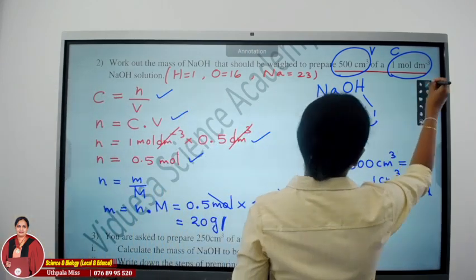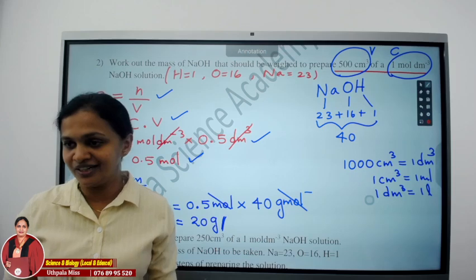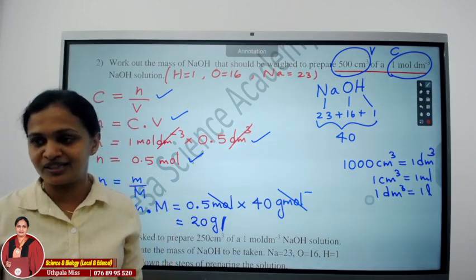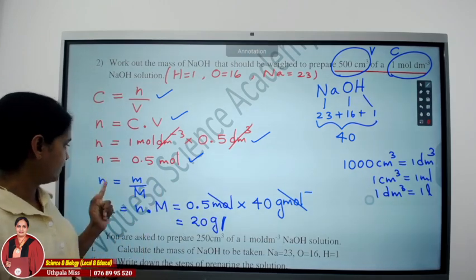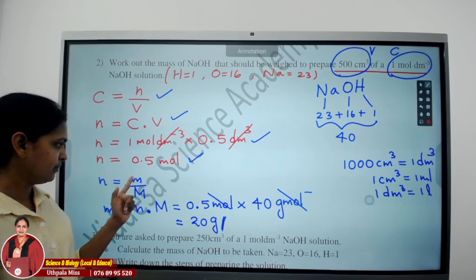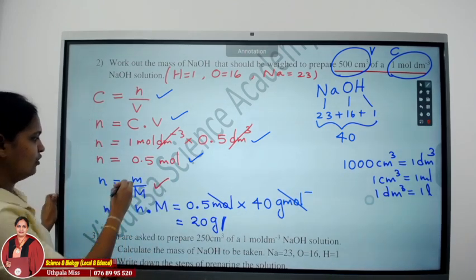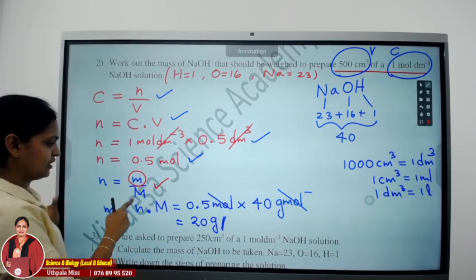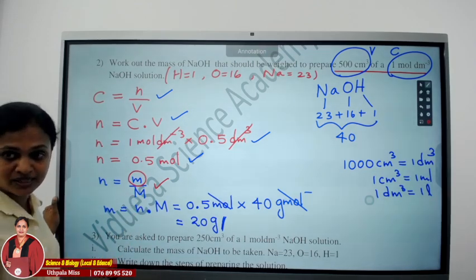You have found out the number of moles, but you are not provided with moles of sodium hydroxide in the laboratory. You have to convert it into a mass. Number of moles is equal to mass divided by the molar mass, so mass is equal to number of moles multiplied by molar mass.